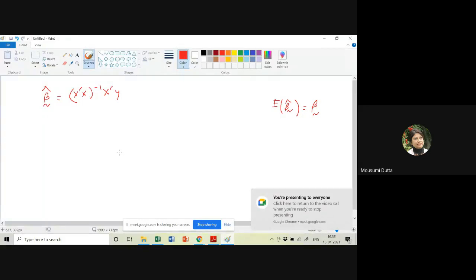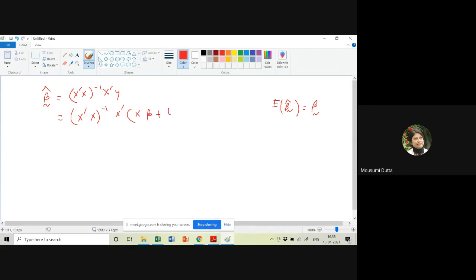Everybody, please do this. Now if you do so, we will multiply. Here we are getting x prime x inverse, then x prime x beta. The first term will be x prime x inverse, x prime x into beta.